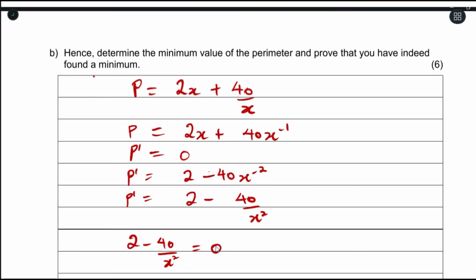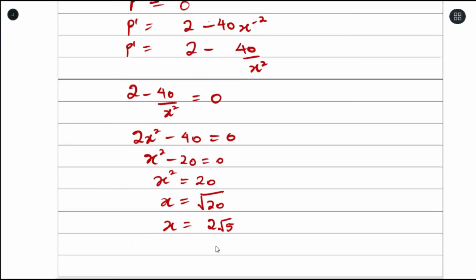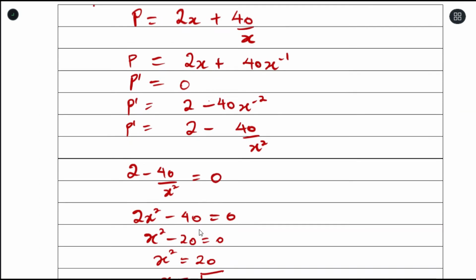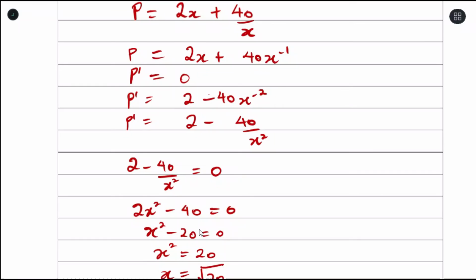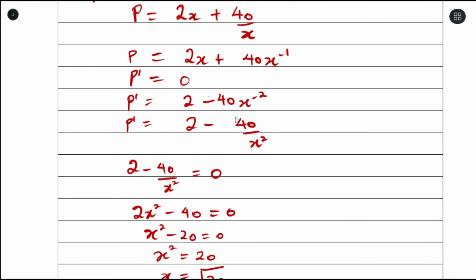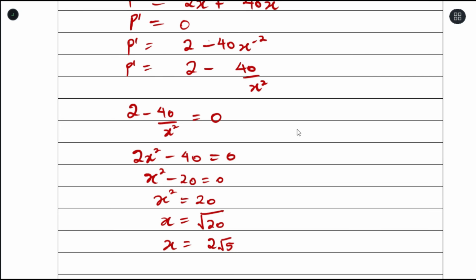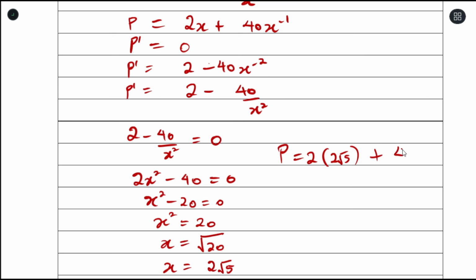Now, to get the actual minimum value, we need to substitute our x value into the formula for our perimeter. Since our perimeter is 2x plus 40 over x, we're just going to substitute that, and the perimeter will be 2 root 5 plus 40 over 2 root 5.